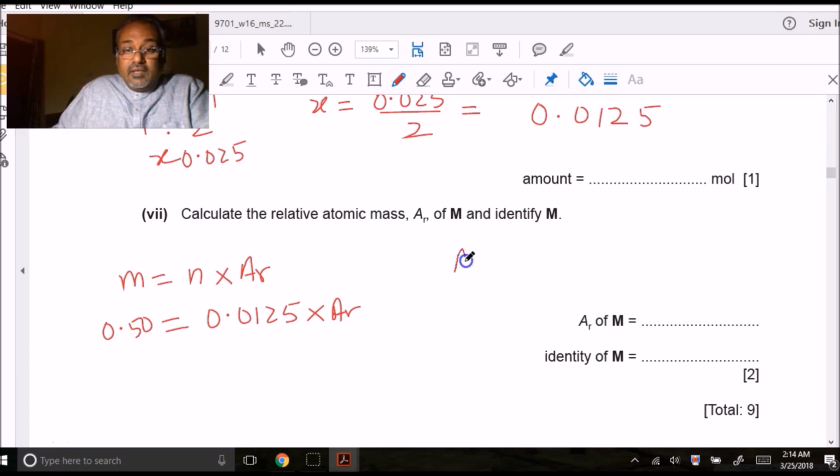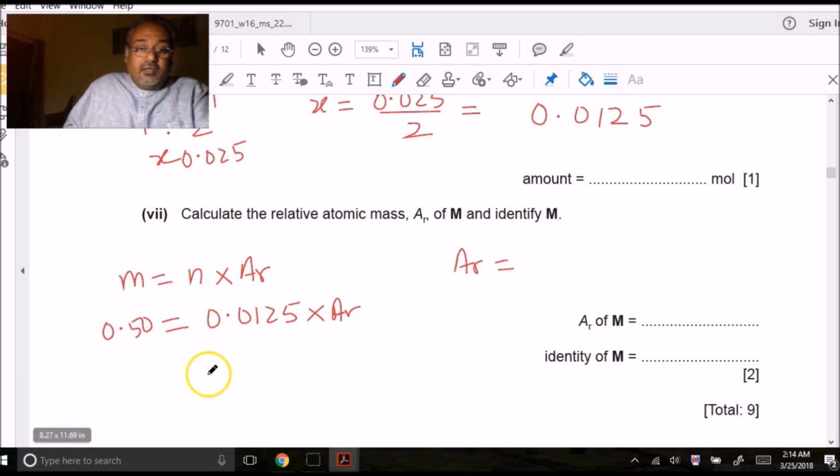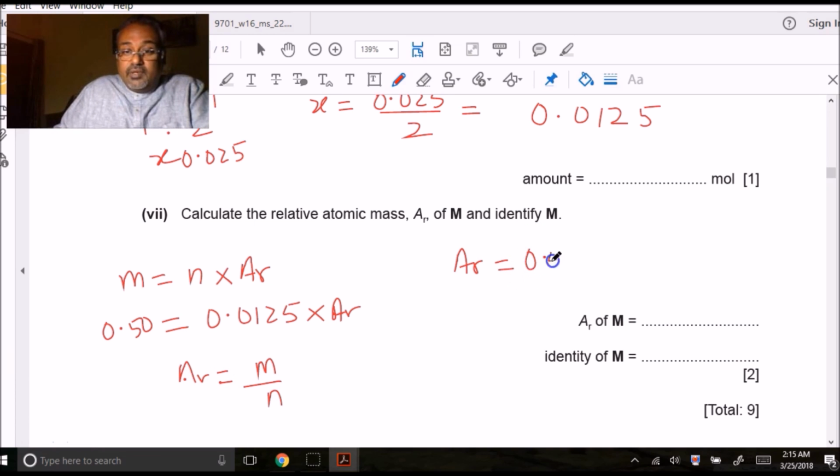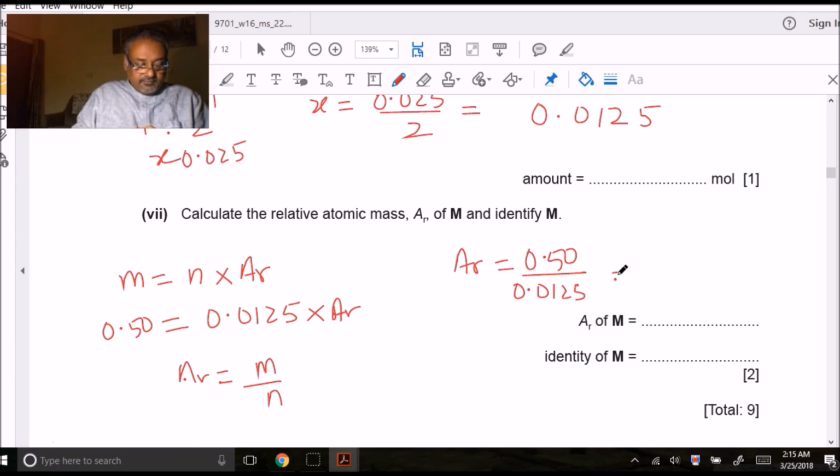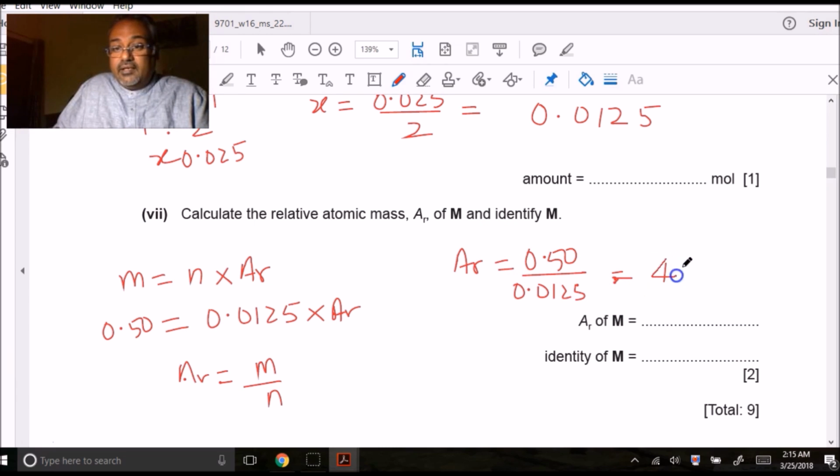So I can rearrange this to get the AR. You could also use the formula AR equals m by n. So I have the mass 0.50, I have the moles 0.0125. If you do that, 0.5 divided by 0.0125 gives the answer as 40. So we get the AR as 40, and if you look at the periodic table, then that belongs to the element calcium. So that's basically how to solve this question.